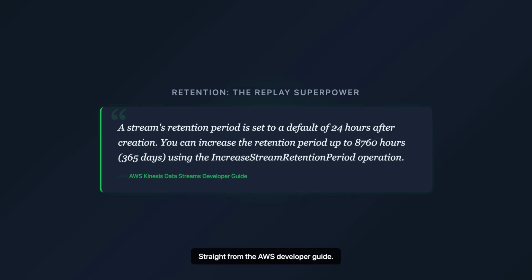Straight from the Amazon Web Services Developer Guide. By default, a data stream holds records for 24 hours. You can extend that all the way up to 365 days, that's 8760 hours, using the increased stream retention period operation. This is the replay superpower.